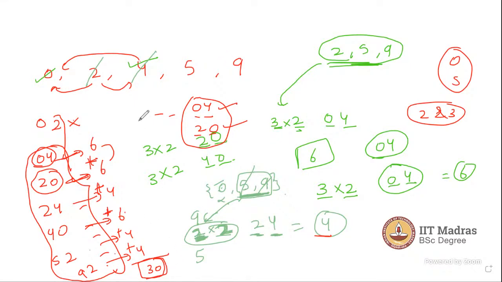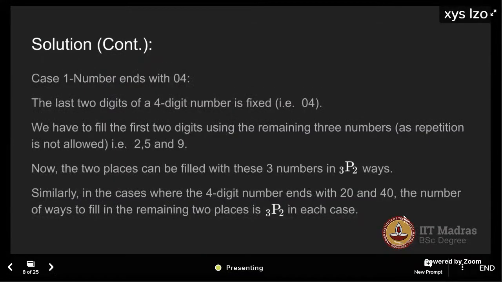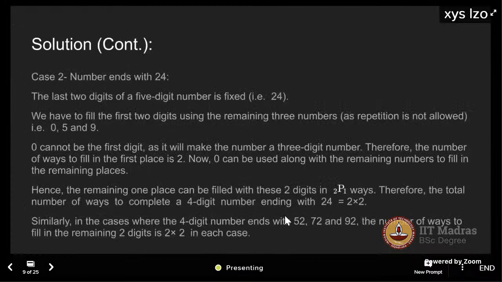Okay, so let's move to the solution. I fixed 0, 4, then I have 3 remaining numbers to fill the first 2 digits, which can be done in 3P2 ways, right? Similarly, for 20 and 40, I have 3P2 in each case. If my number ends with 2, 4, then I am left with 0, 5, and 9 to fill the first 2 digits, of which 0 cannot be the first digit.